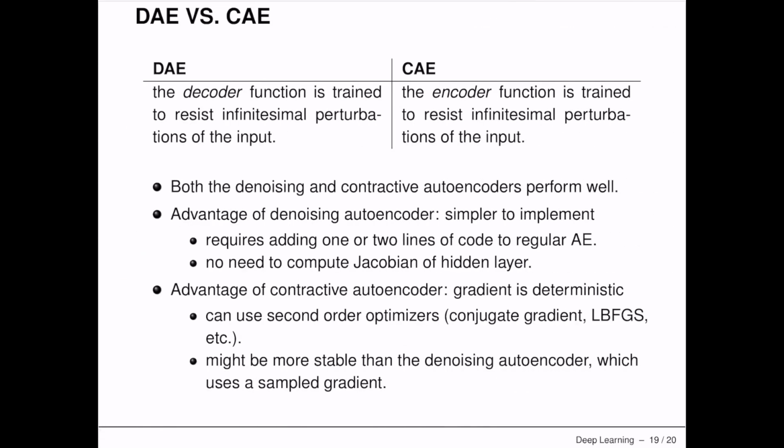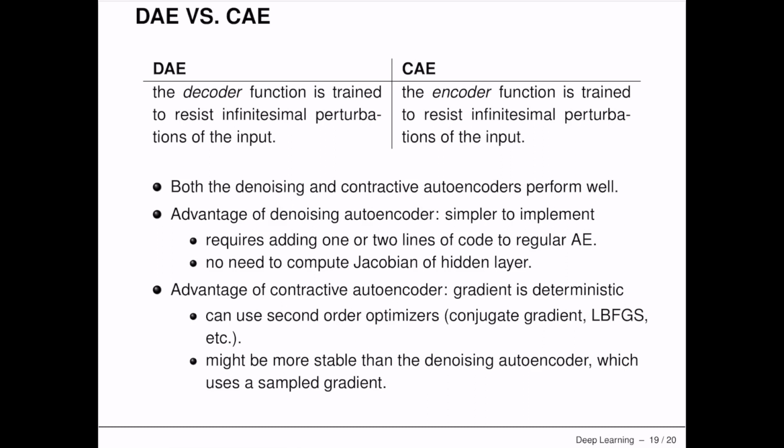So comparing denoising autoencoders and contractive autoencoders, we see that both are somewhat similar, because both try to have similar performance for small changes on the input data.